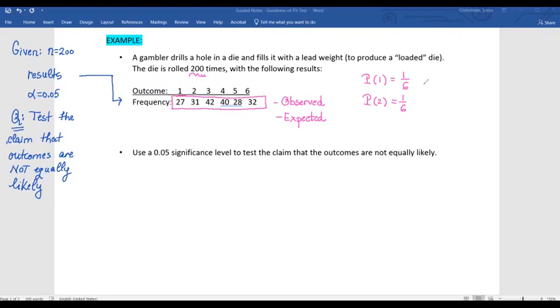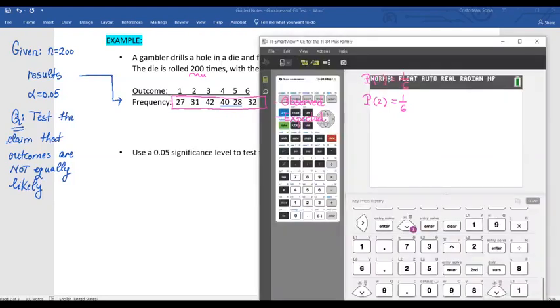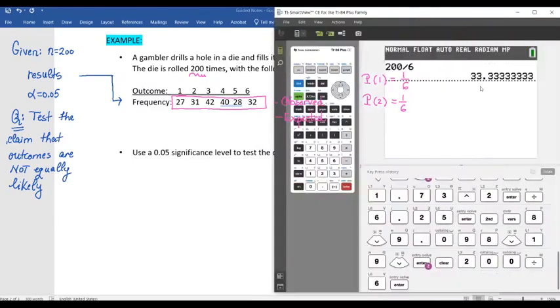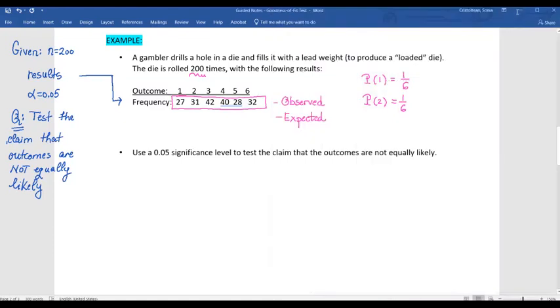So the result for the expected will be 200 divided by 6 for each one of these outcomes, and this is 33.33. So this is what I will write down, what's expected, on the next row right here. So the frequency of the expected values, rolling a 1, you will have 33.3. Let's just use one decimal.